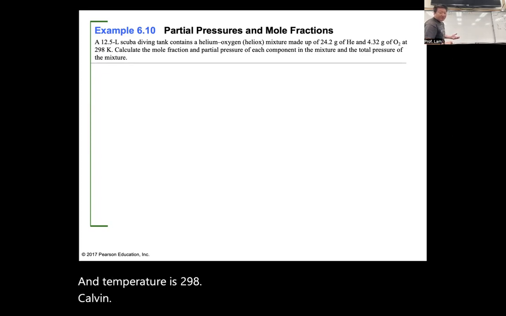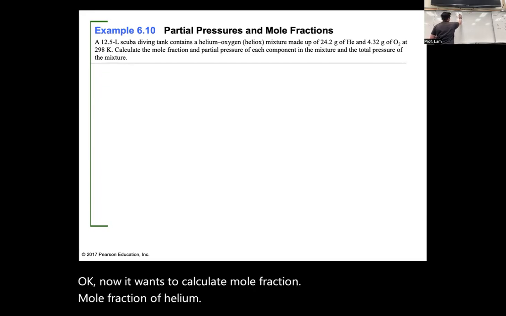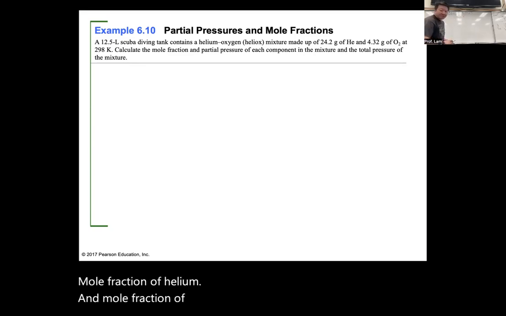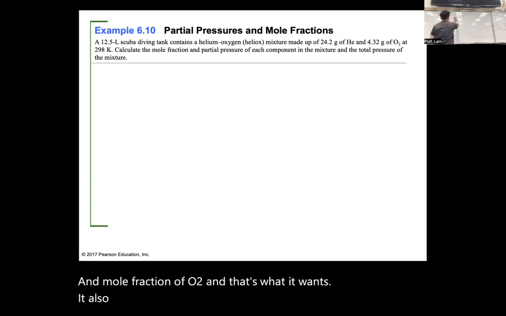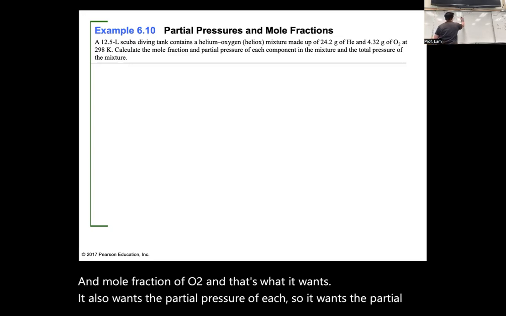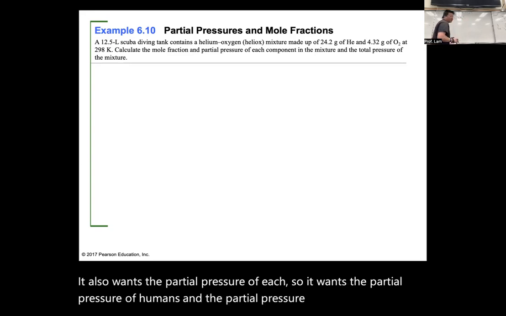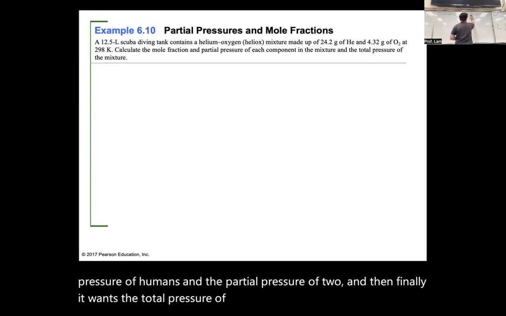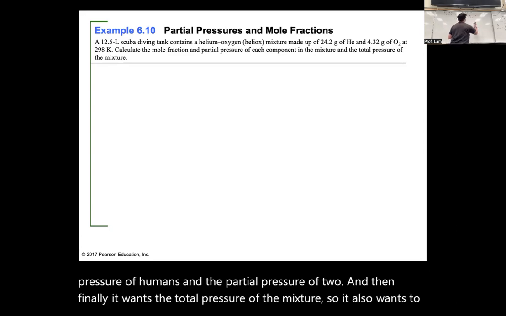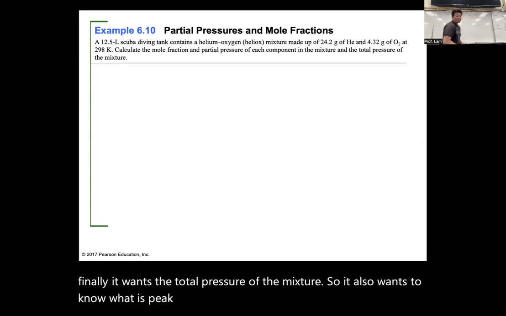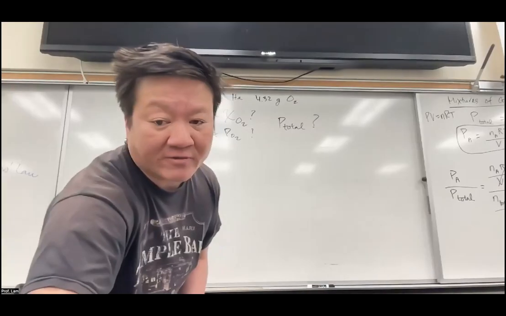Okay, now it wants us to calculate mole fraction, so mole fraction of helium and mole fraction of O2. It also wants the partial pressure of each, so the partial pressure of helium and the partial pressure of O2. And then finally, it wants the total pressure of the mixture, so it also wants to know what is P total. Okay, I think I got everything.